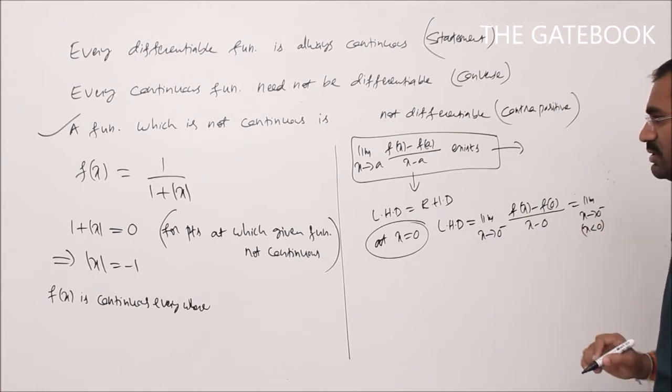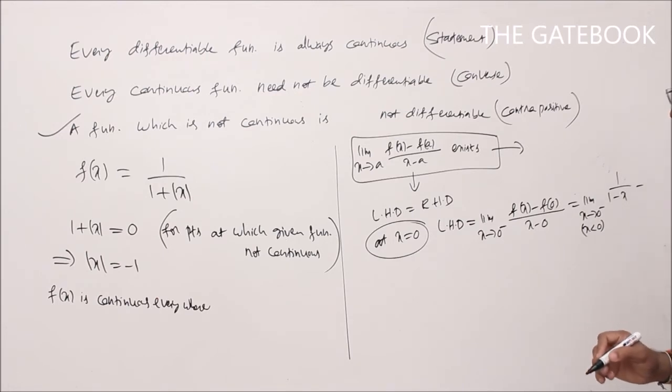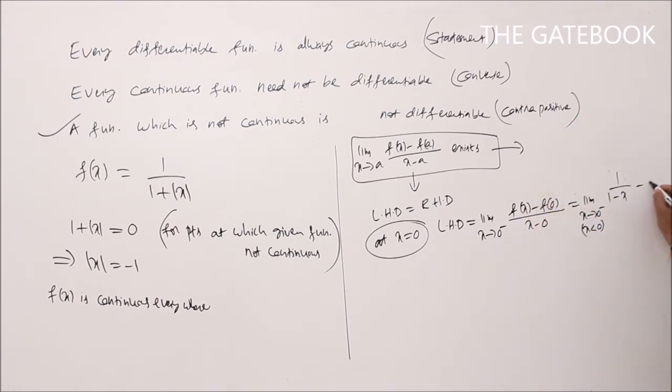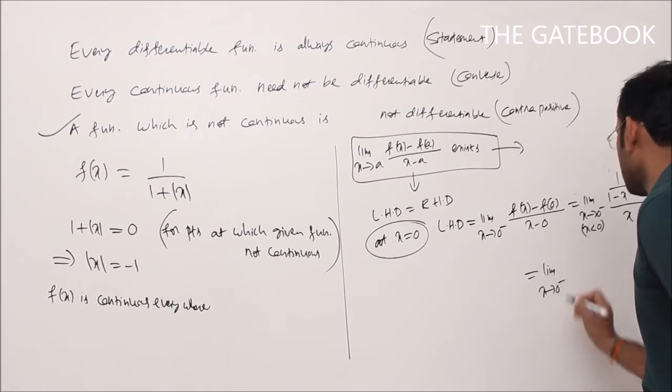When x is less than 0, mod x is minus x. So I can write the function as 1 by 1 minus x, minus f of 0. Replacing x with 0, 1 by 1 plus modulus of 0, we get 1, all divided by x.